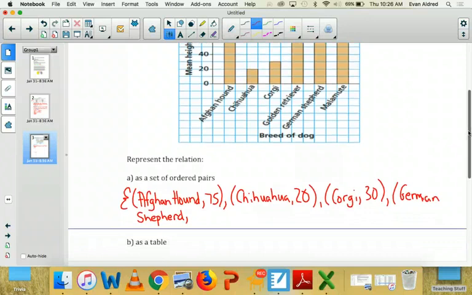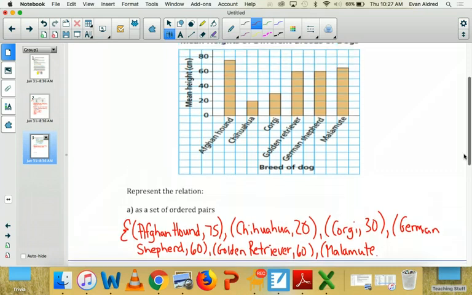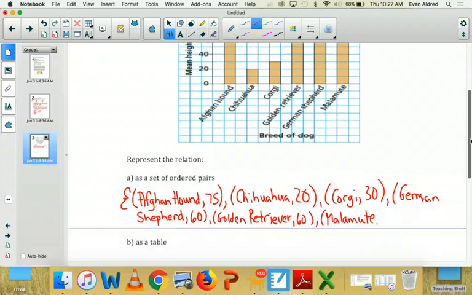Same with Golden Retriever. Then we get to our final, which is a Malamute, which is a mean height of about 65. It's between 60 and 70, kind of right in the middle.